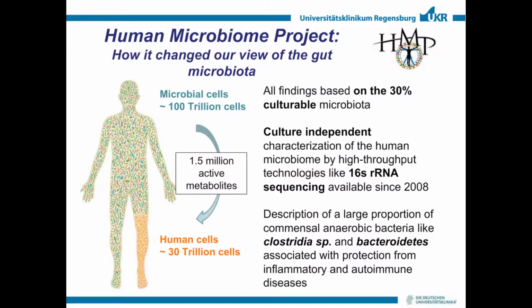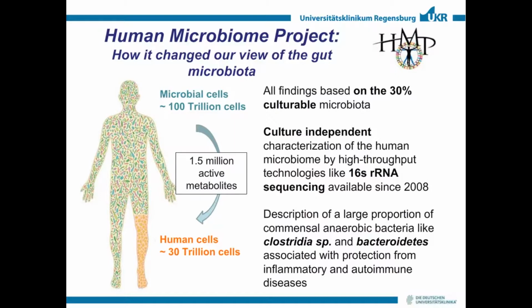Now we have to be aware that these findings were based on analysis of bacteria which were culturable. And it's now clear that a maximum of 30% of the microbiota in our body are culturable. So with the introduction of new techniques to characterize the microbiome in a culture-independent way, like the high-throughput sequencing of the 16S ribosomal RNA, we could get a completely different view on the microbiota of the whole body, but especially of the gut.